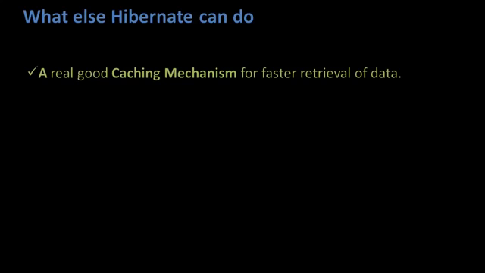So this caching mechanism would reduce the DB hits significantly and would enhance the application's speed. There are different ways in which you can use this caching mechanism in Hibernate. I will talk in detail about this in the hands-on session for the Hibernate caching mechanism.